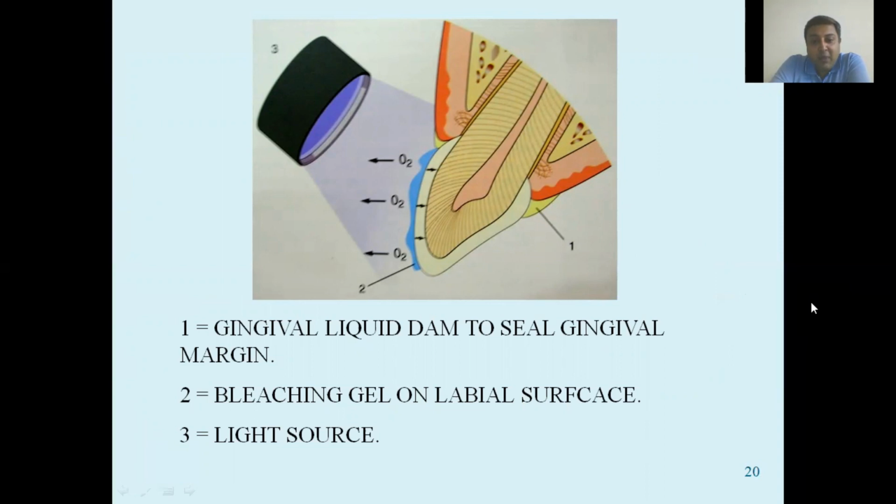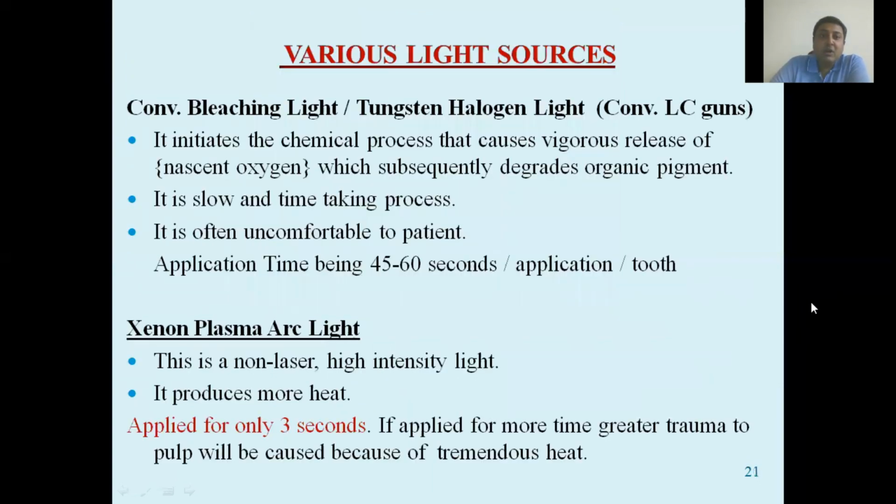Second number mark with the blue color is all the bleaching material that is present on the labial surface of the tooth. And third is the light source or the heat source or the laser source, which is used to activate this process.